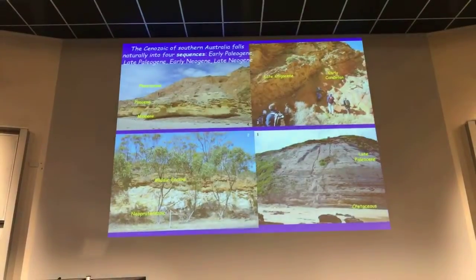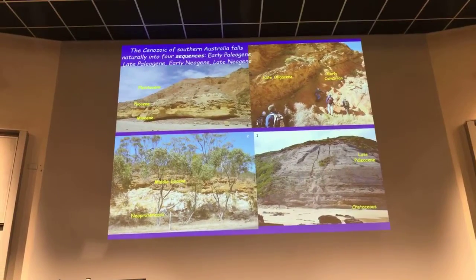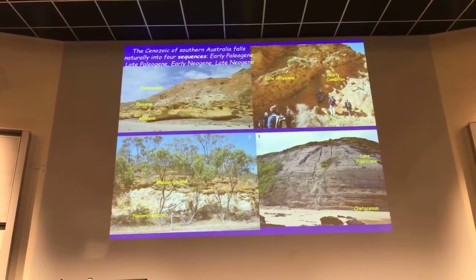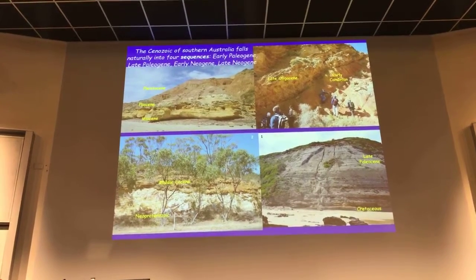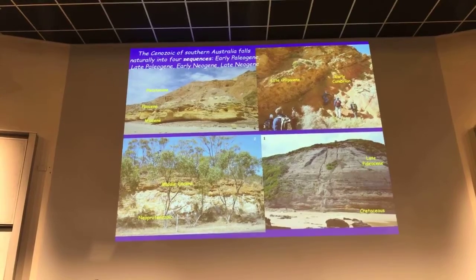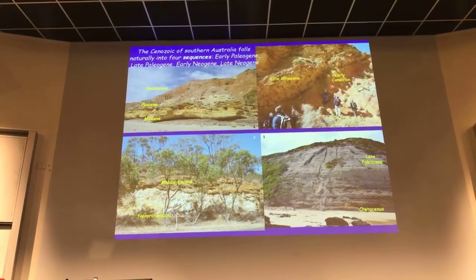50 million years. Right, now Southern Australia's Cenozoic stratigraphic record can be conveniently divided into 4 big packages or sequences. You've got an early Paleogene, a late Paleogene, an early Neogene, and a late Neogene.